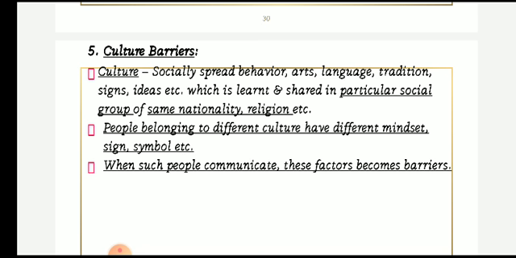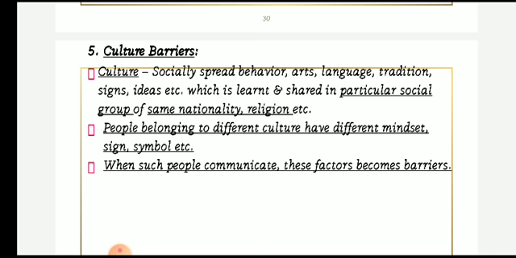So communication will not effectively convey the intended meaning. As we know from the communication process, everything understood by the sender should be understood by the receiver in exactly the same way, and if it is not, it is a barrier.